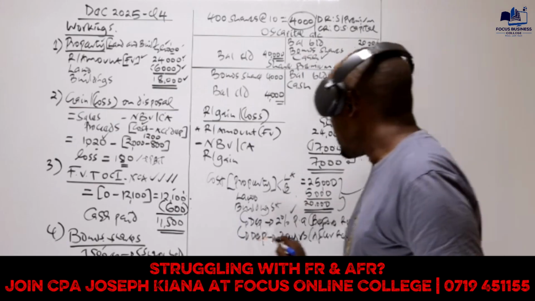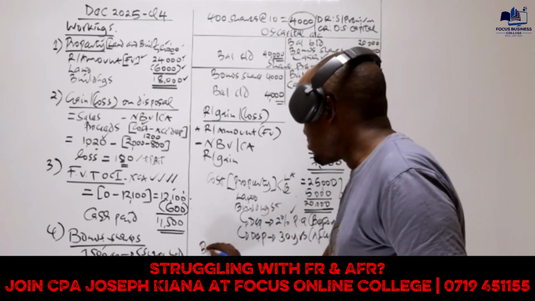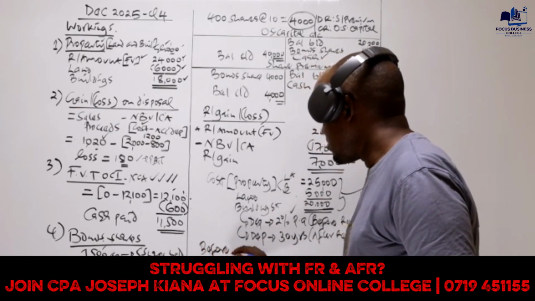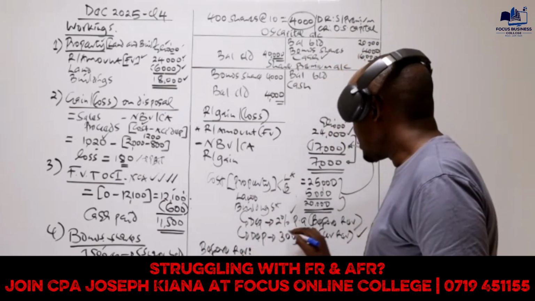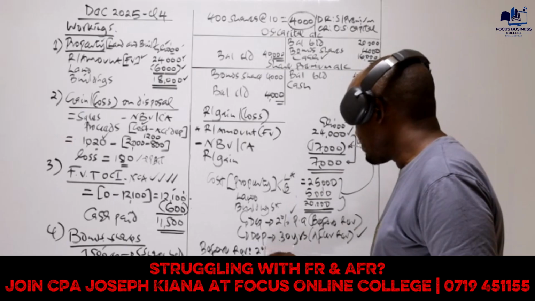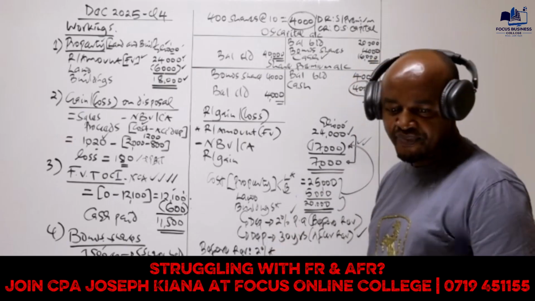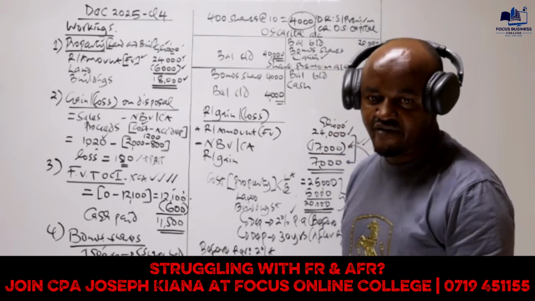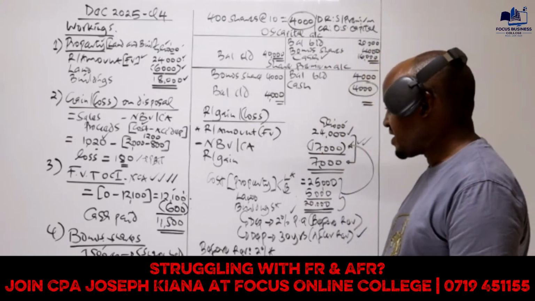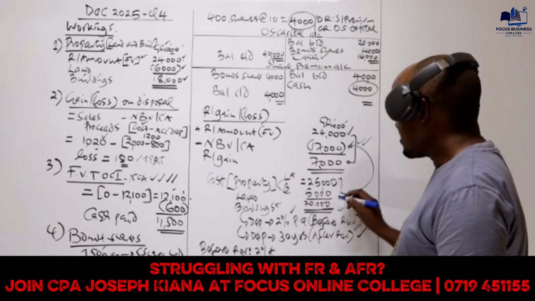So for example, before revaluation, how were the buildings depreciated? The buildings were depreciated at the rate of 2% per annum. And I hope you can see that this 2% per annum is on straight line. So if it is on straight line, it is automatically on cost. What was the cost of buildings before they were revalued?